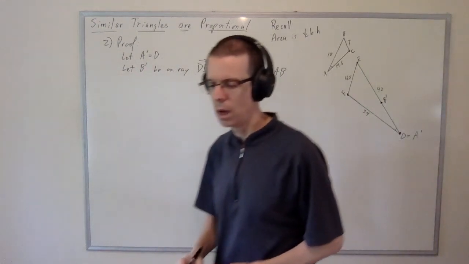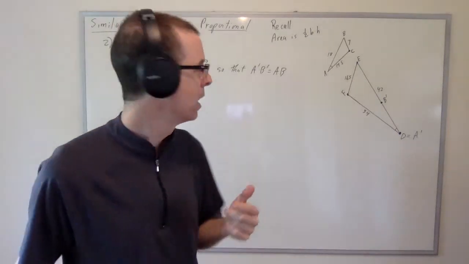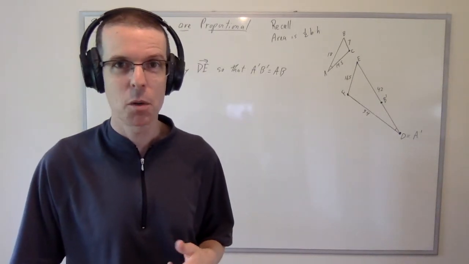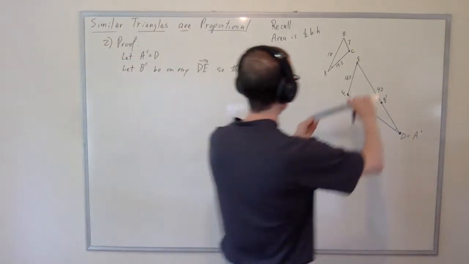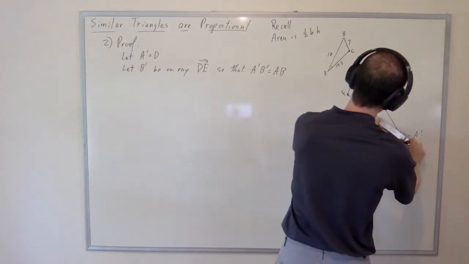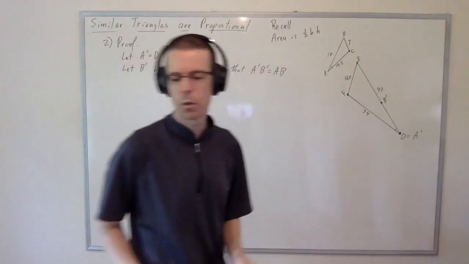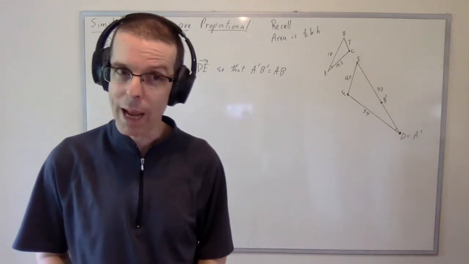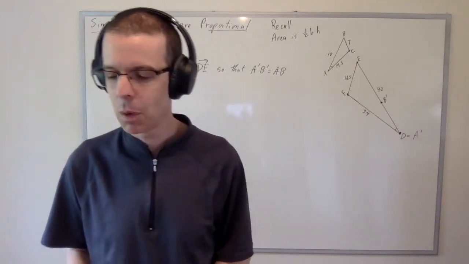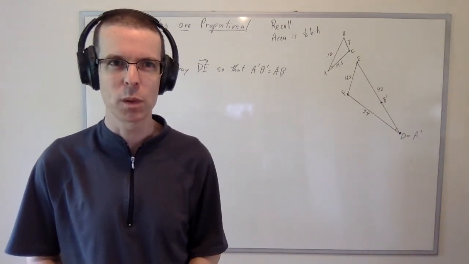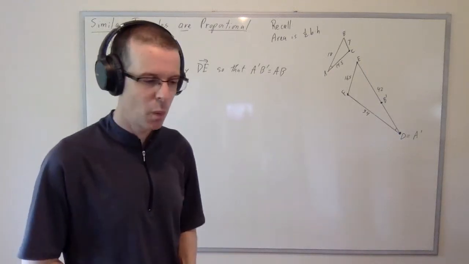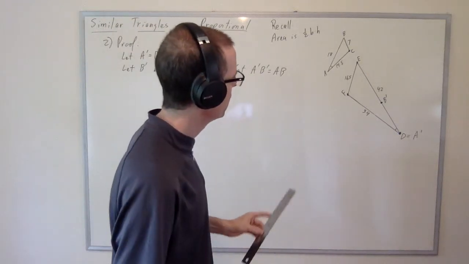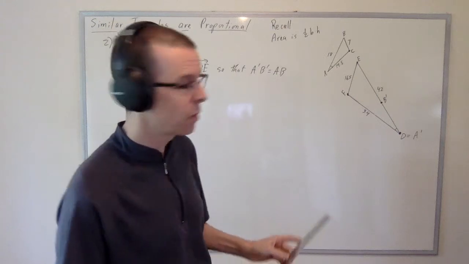And now, if you're thinking about what's going to happen next, you're probably thinking, I'm going to measure this length, 14.5, and choose C prime to be 14.5 from there. And you would be right, that would work, but it's not the most convenient way for us to phrase what's really going on. The most convenient way is to construct C prime in a slightly different way.